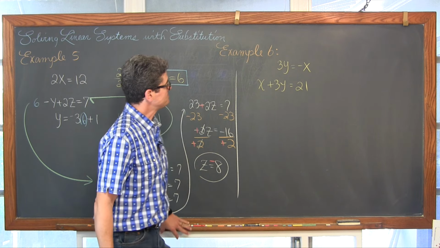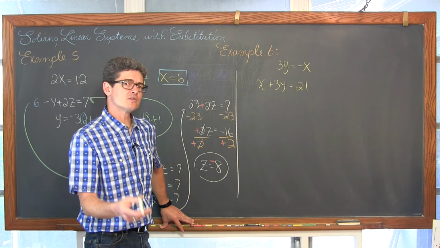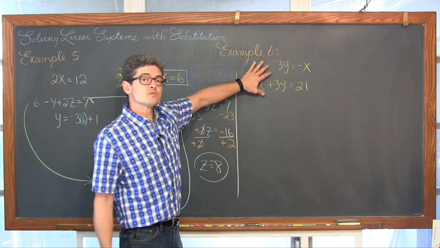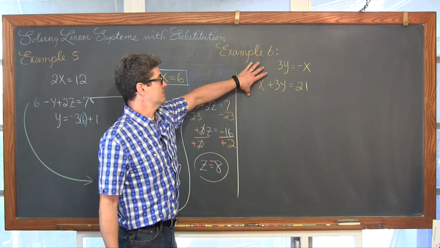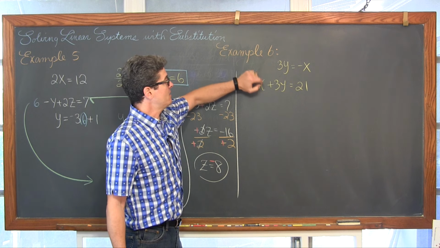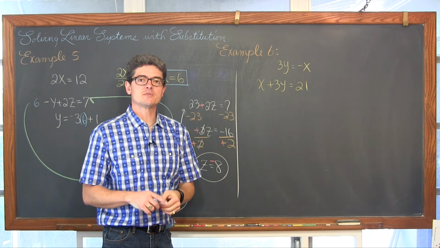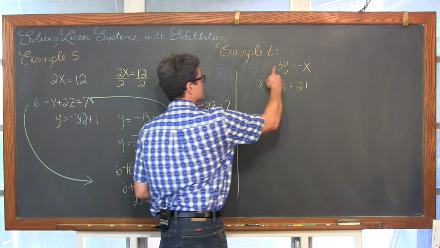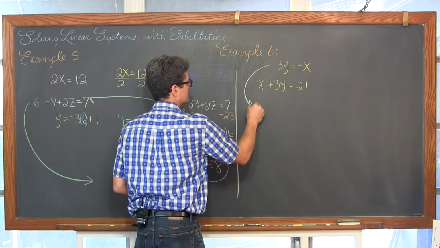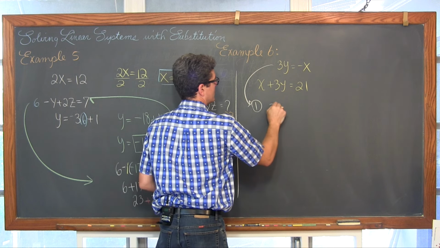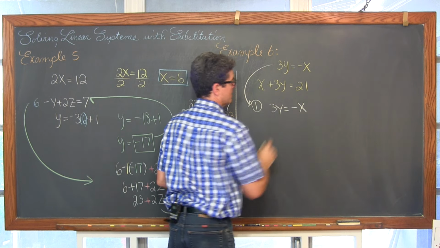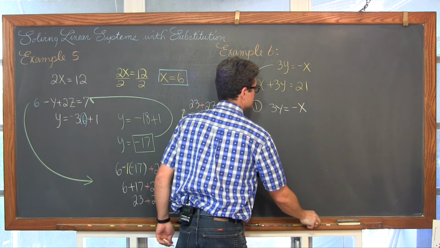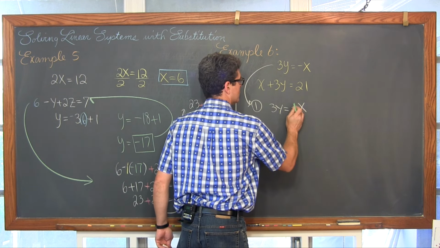Now over here, we have another situation where we have a substitute. We could do this with linear combination or elimination in the next video, but for now, we only have our substitution techniques available to us. So for step 1, we're going to take this first equation and write 3y is equal to negative x, and we're going to solve this for x.